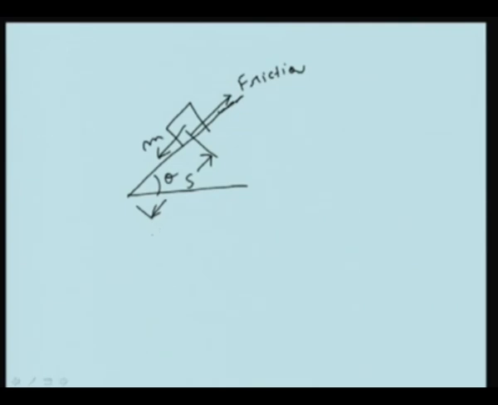That is, we can say it is just the work energy theorem: mg sin theta minus mu mg cos theta are the forces, and s is the distance covered, equal to half m v square.